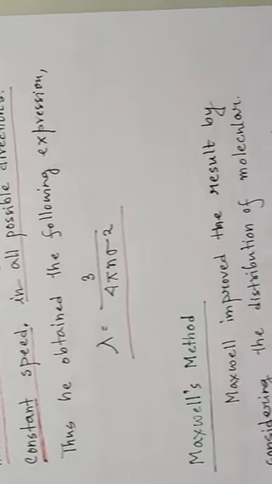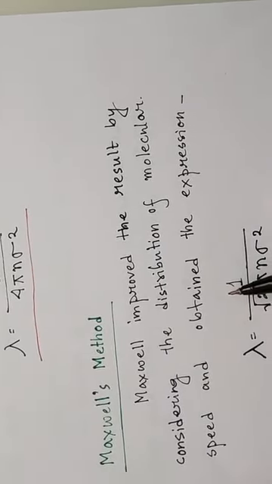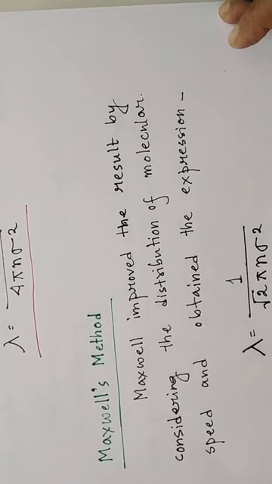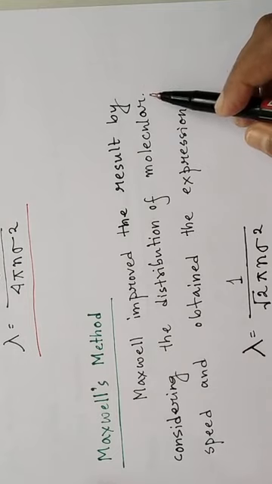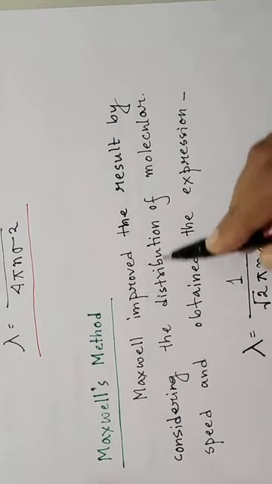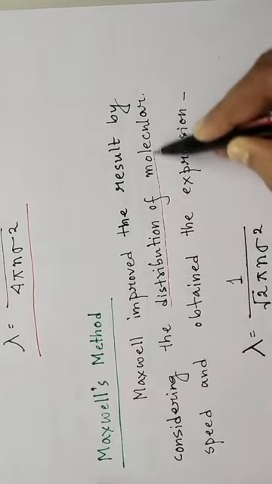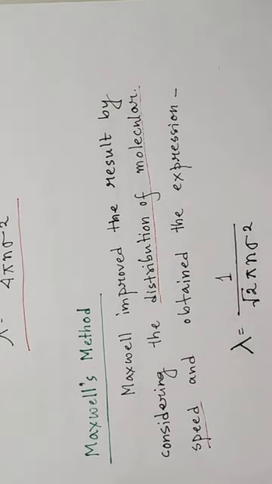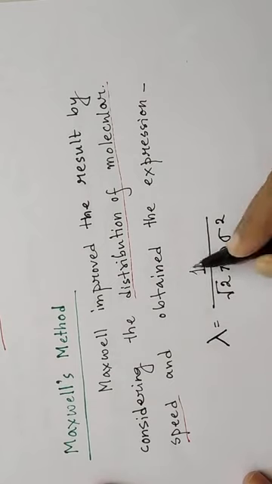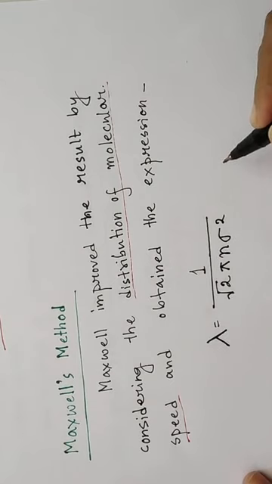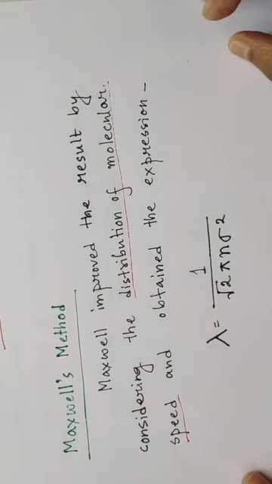But Maxwell said that all the molecules are moving, but not with the same speed; different numbers of molecules are moving with different speeds. That is, he considered the distribution of molecular speed, and he obtained the result where lambda is given by 1 by root 2 pi n sigma square.